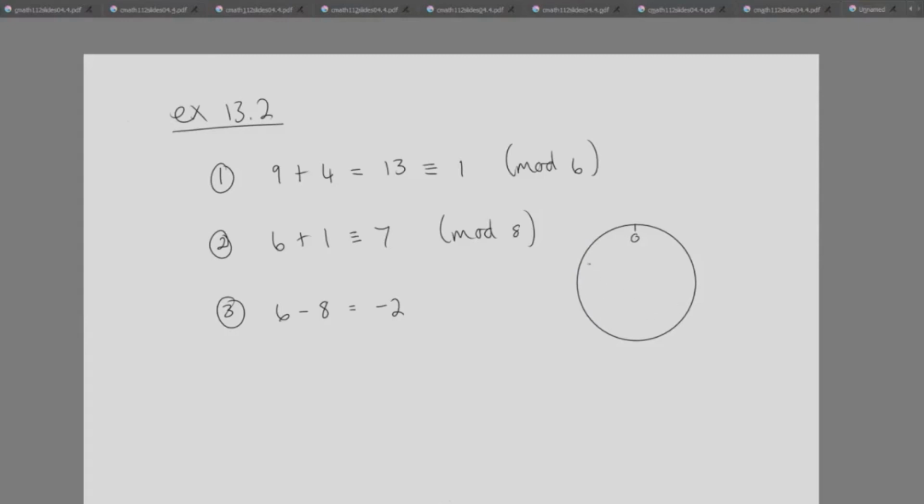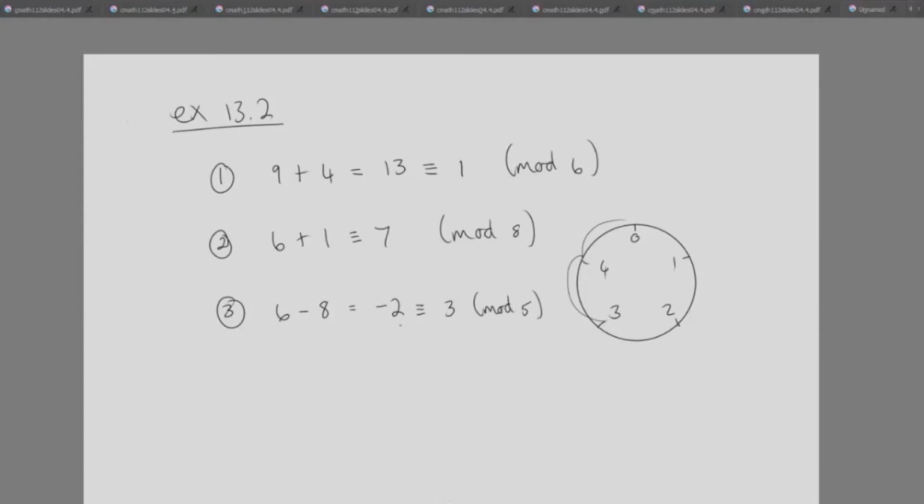Let's try and spread them out fairly well. Something like that. 1, 2, 3, and 4. Negative 2 is like starting from 0 and taking 2 steps back. So that'll be 3 mod 5.